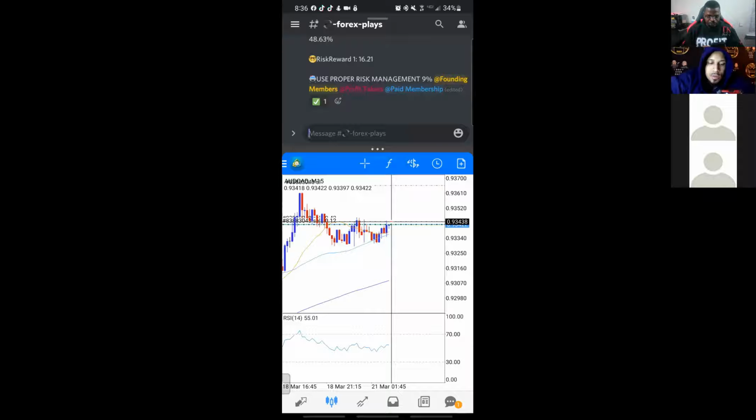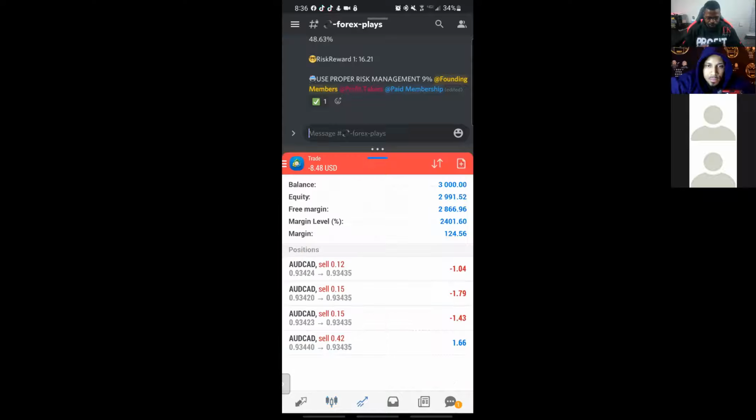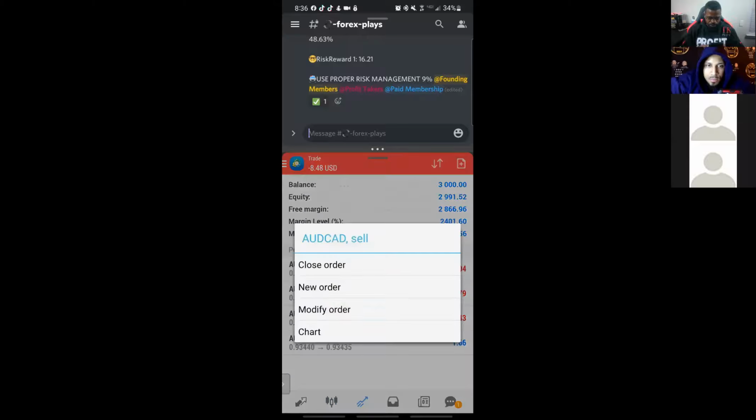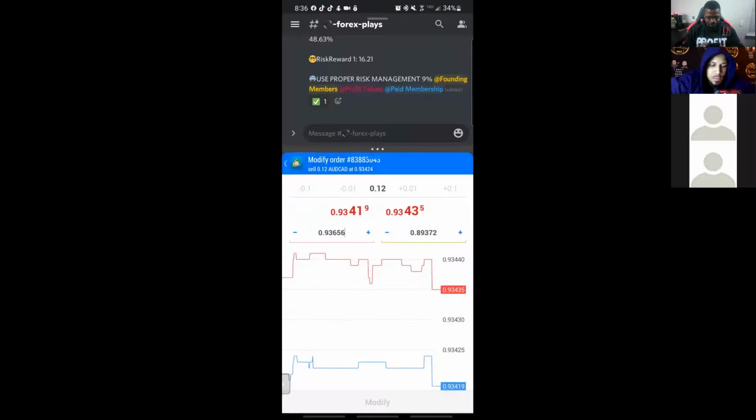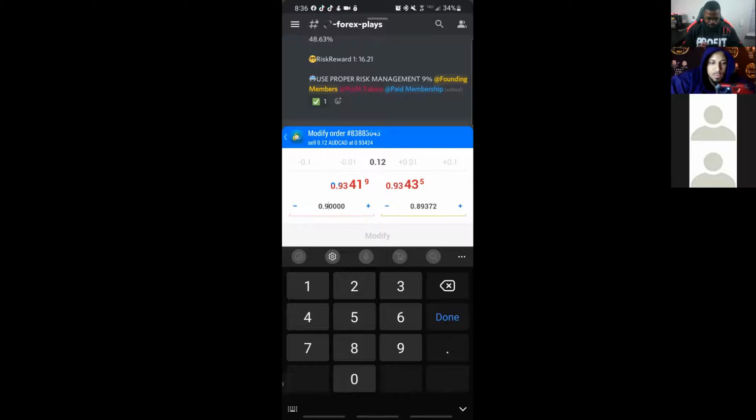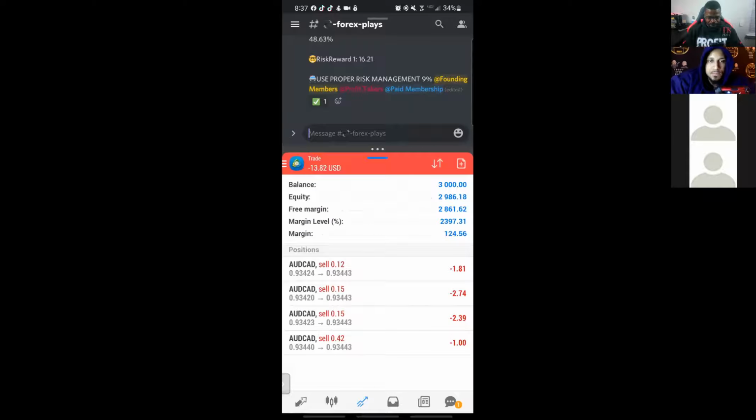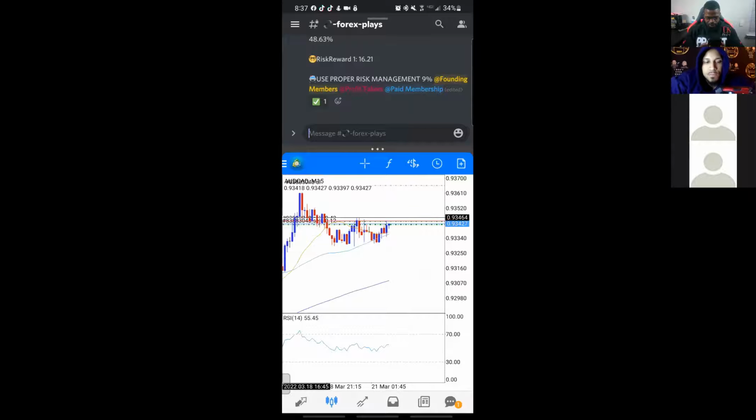And you use that number to modify your new stop loss. So you come to your trade setup, select modify, and for your new stop loss, you put 0.93438, and you would hit modify. And that's how you move your trade to break even. That's it. Use the crosshair tool to find out the entry point and modify the stop loss.